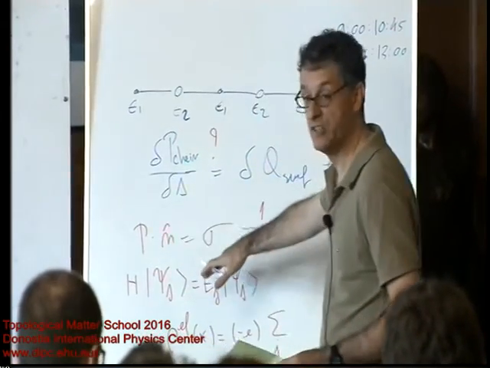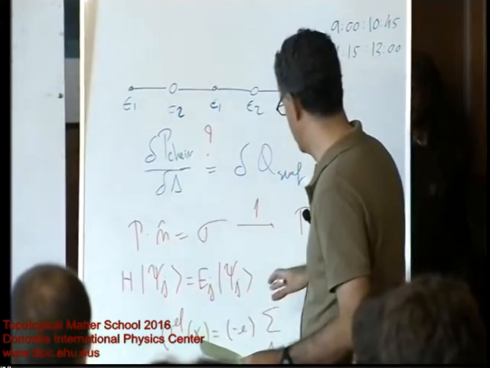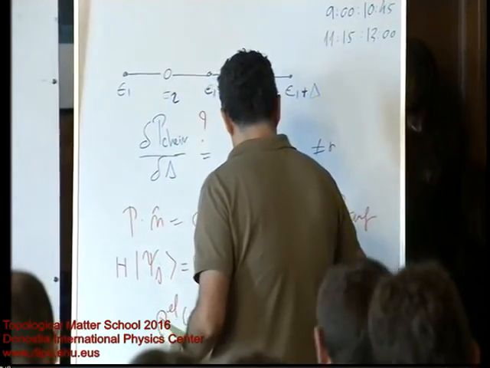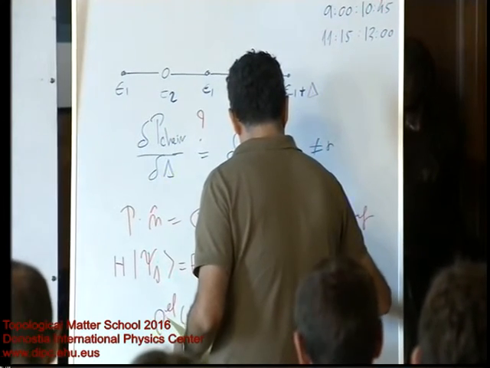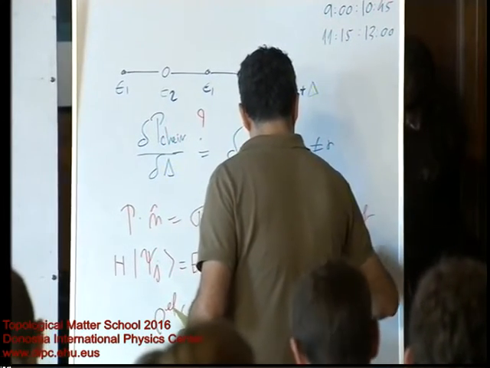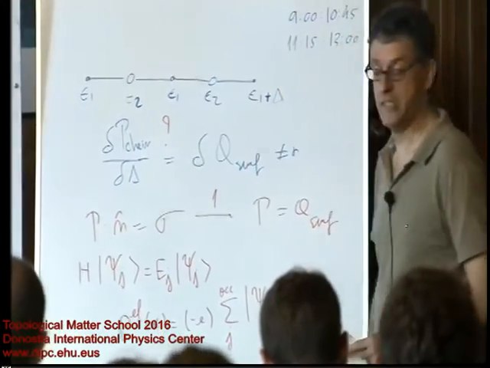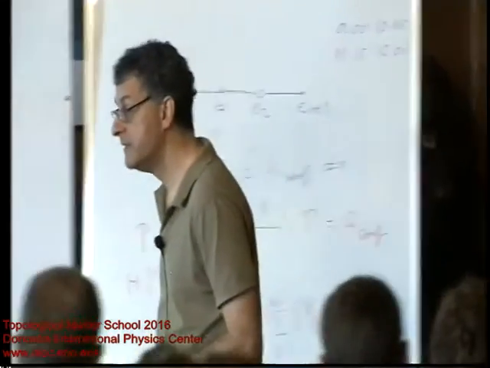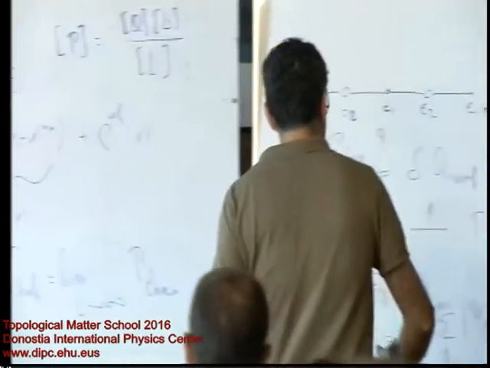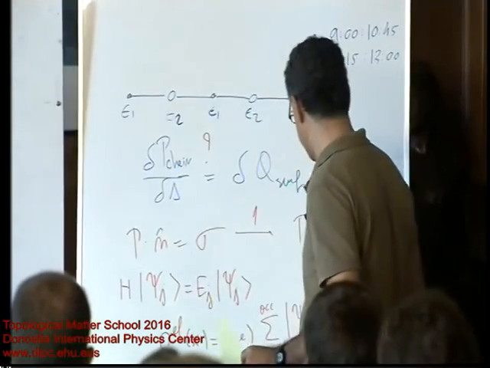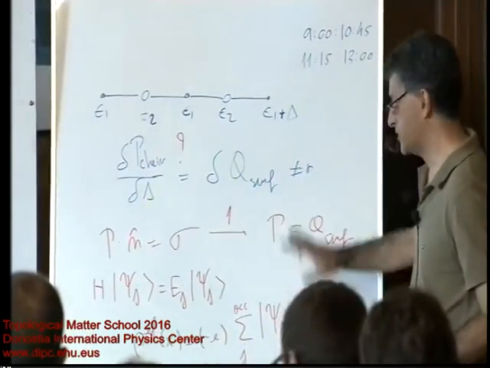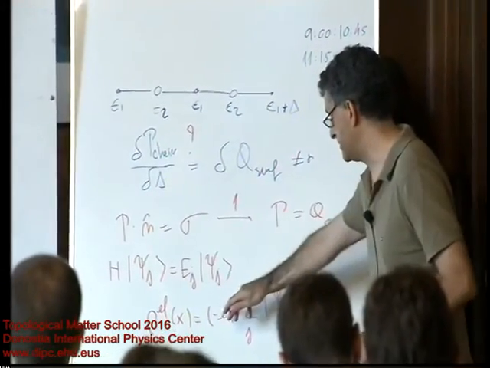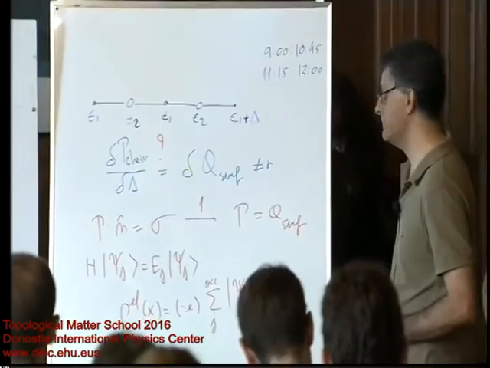So some of these states are going to be occupied, some are going to be empty. And to get the charge density, you just take the occupied ones, so it's the sum over occupied states. Of course, here everything is done at the single particle level. And so it's the number density times the charge of the electron, okay?